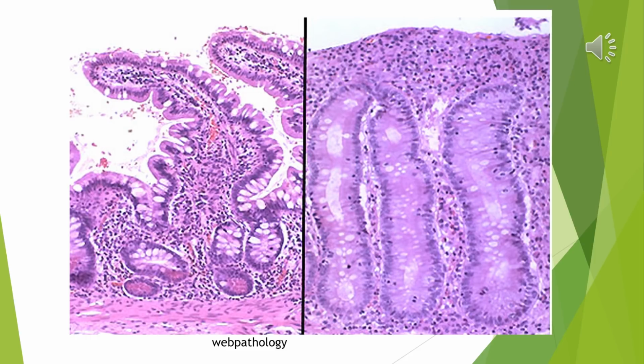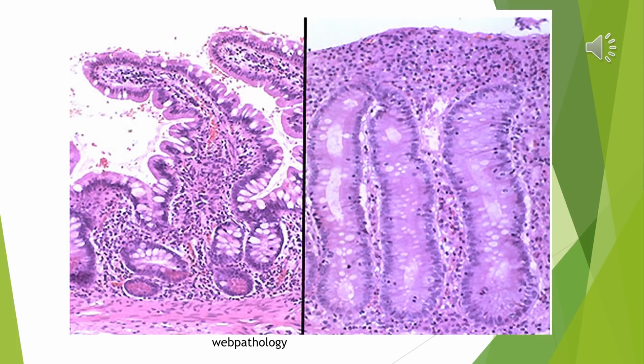You can see the elongated villi, and in the other picture, in a patient with celiac disease, there are no villi, there is total loss of the villus architecture with a flattening of the mucosa and infiltration of the lamina propria by many lymphocytes, plasma cells, and even eosinophils. So this is the typical appearance in a patient with celiac disease. But as I said, the diagnosis is not only histologic.